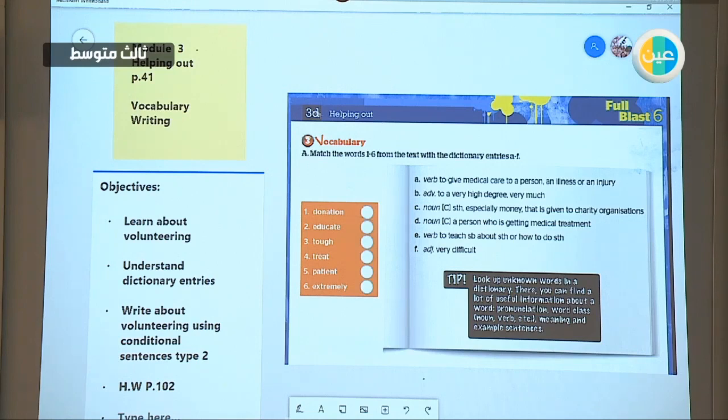Now, before we start, I want you to take a look at the title, Helping Out. Can you think of any word equivalent in meaning to helping out, from the words that we have learned in this module? Okay, the word volunteering has the same meaning as helping out.